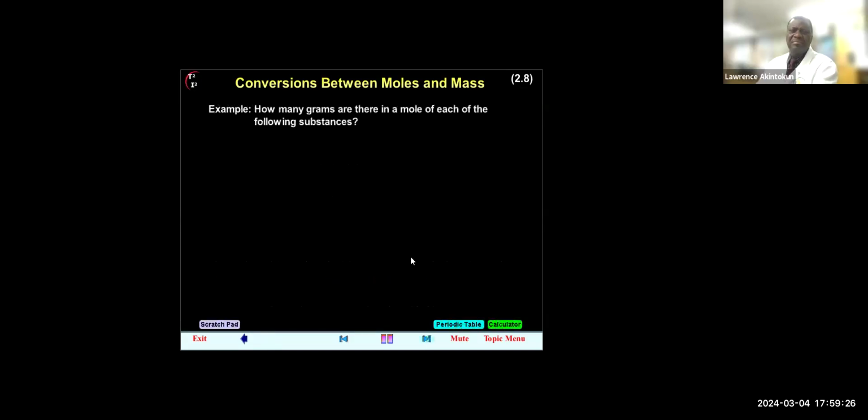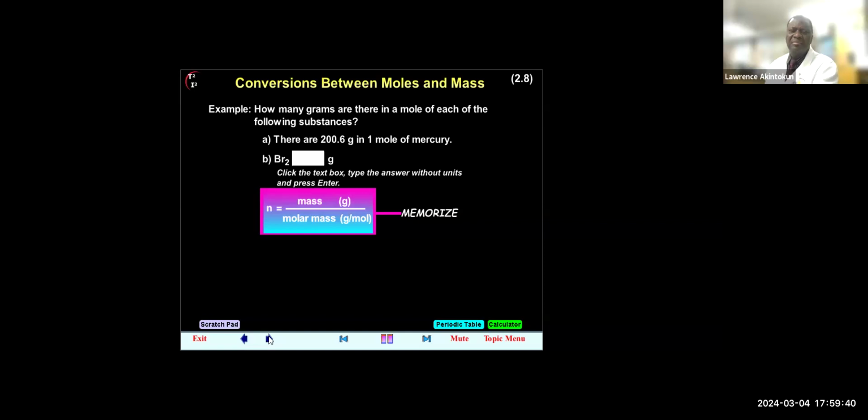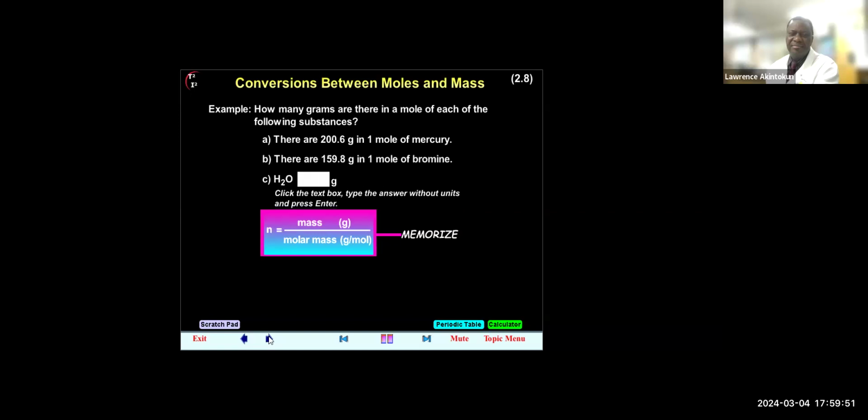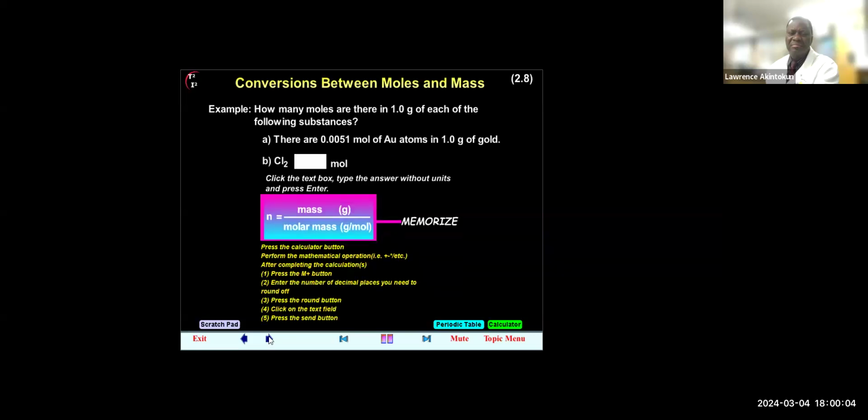Example, how many grams are there in a mole of each of the following substances? A, Hg, B, Br2. All you have to do is use your periodic table. Remember the subscript to multiply it by the atomic mass. C, H2O. A, Au, B, Cl2.